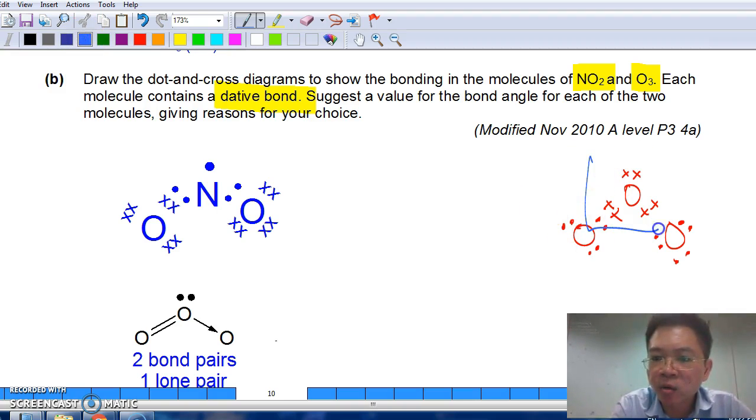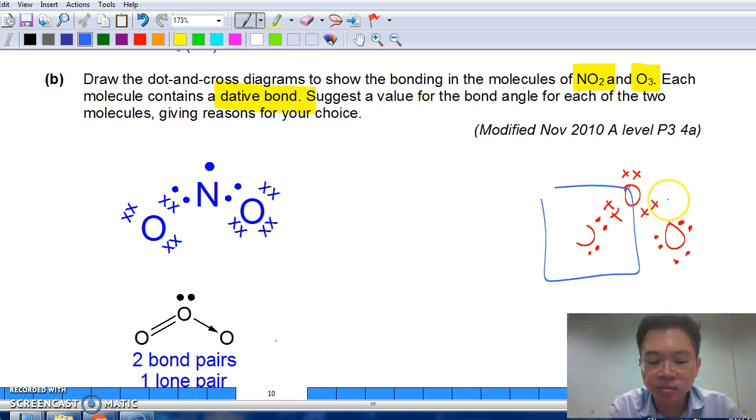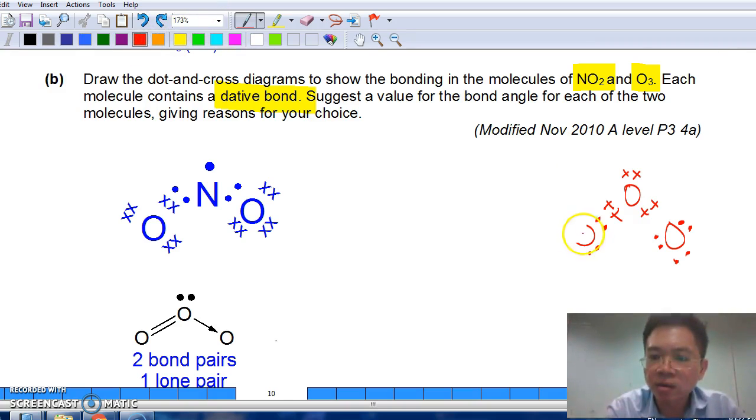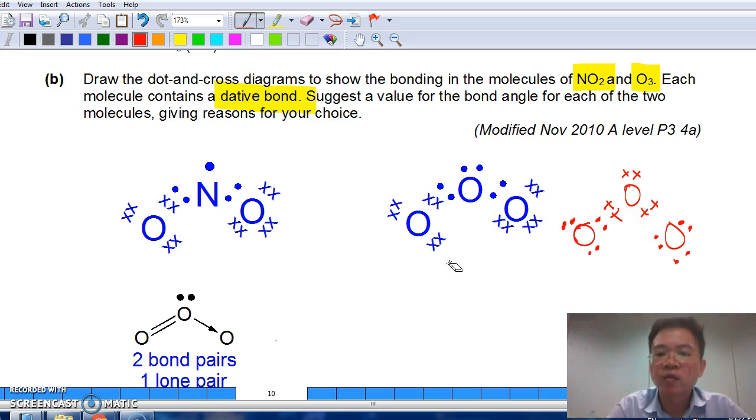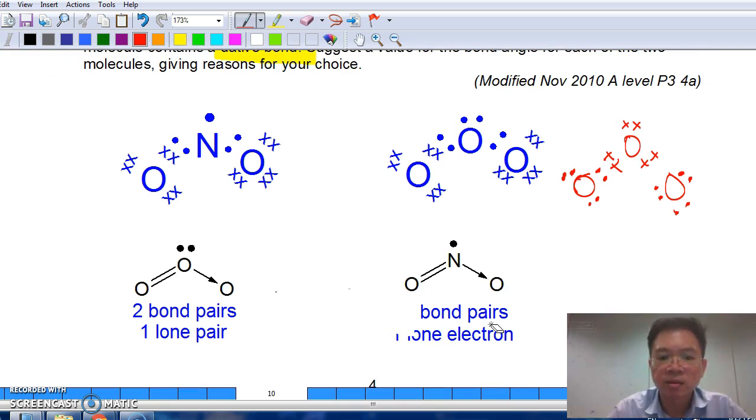For the center atom O, 2, 4, 6, 8, so it has achieved octet. For this atom O, 2, 4, 6, 8, achieved octet. And the last atom O has also achieved octet. So this is the dot cross diagram for ozone, and this is the structure.